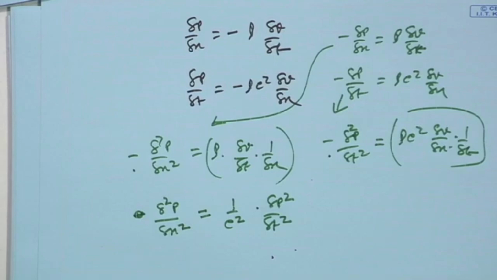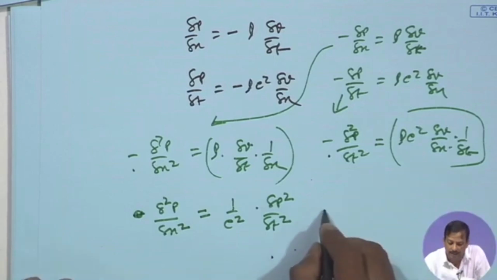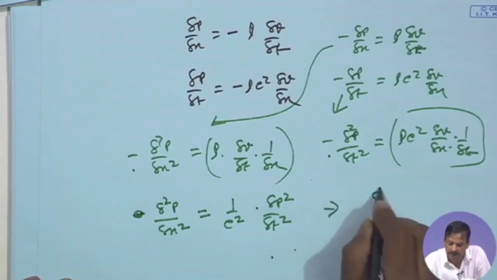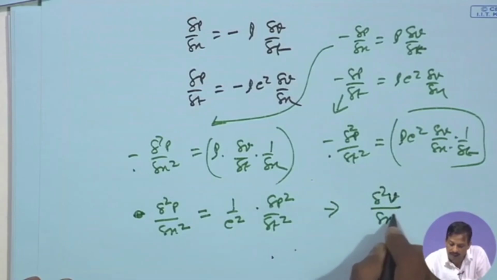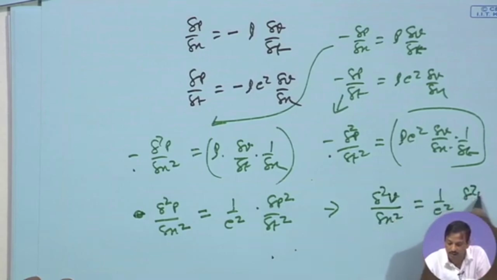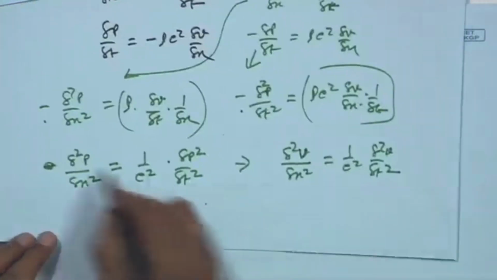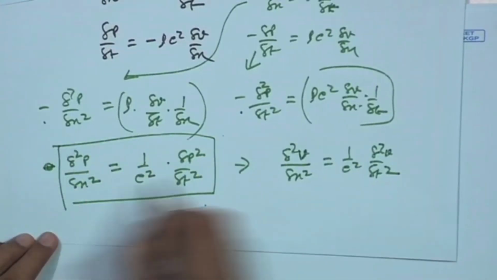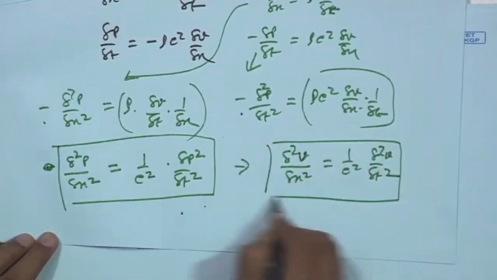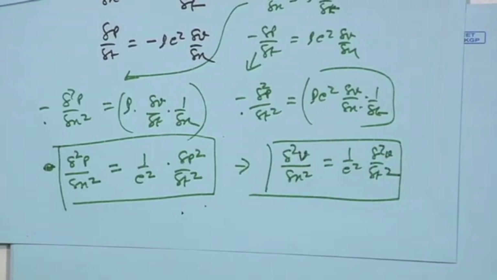Okay or not? Similarly, I can derive the same equation, which is nothing but del square v, the particle velocity, by del x square is nothing but 1 by c square del square v by del t square. So, I can say this is the pressure wave equation, and this is the particle velocity wave equation. Okay.